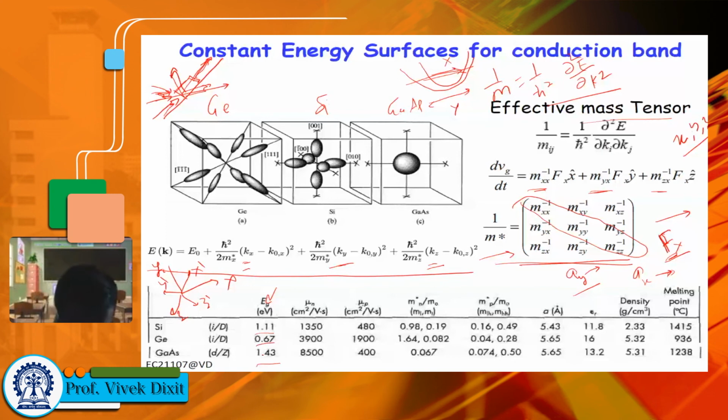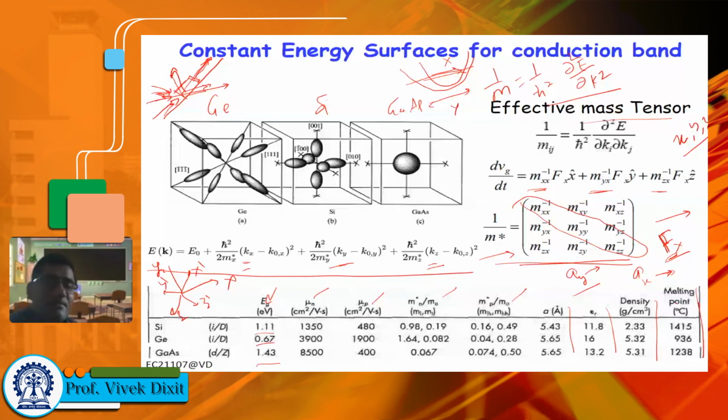Then you can also calculate the mobility of electron and hole, effective mass of electron and hole, right? These are the lattice constant, these are dielectric constant, this is the density. Density you can calculate from the crystal structure, right? And these are the melting points, right? Again, depends on how tightly they are bound.